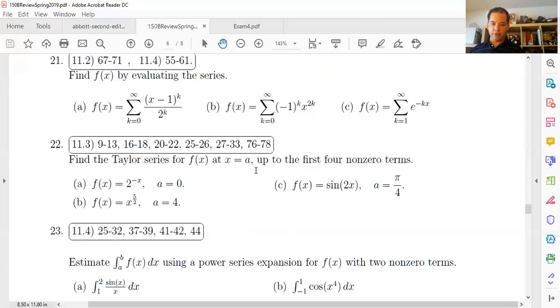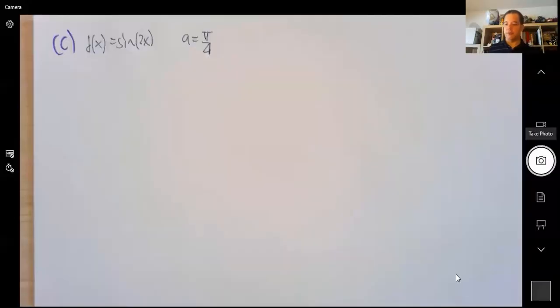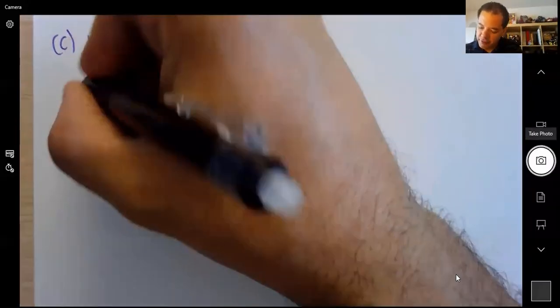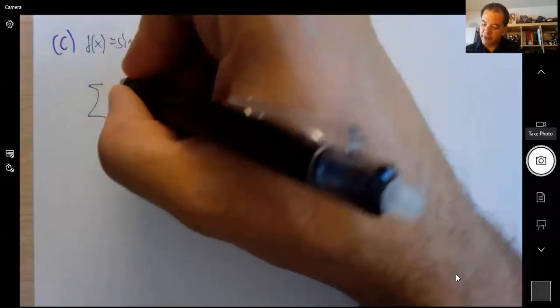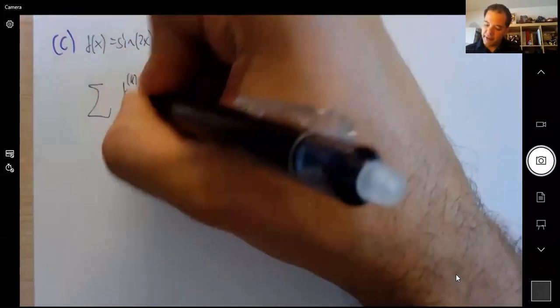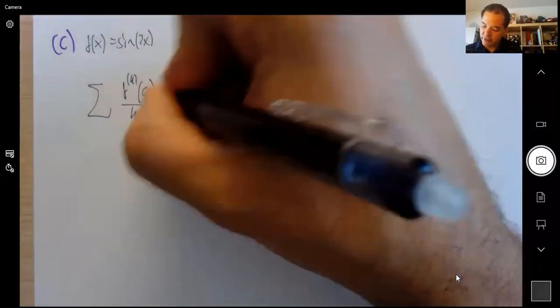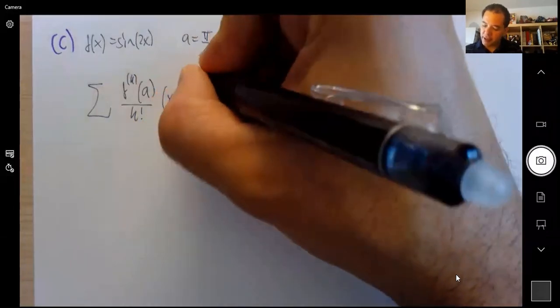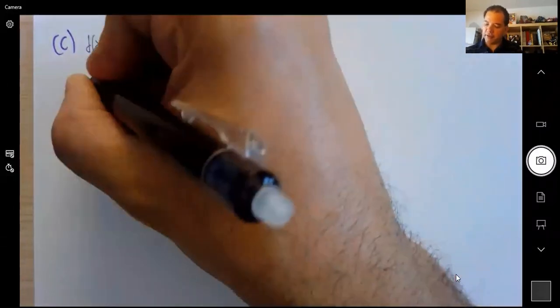So we want to do the Taylor series for the function sine 2x, centered at pi over 4. Here we go. So here is the Taylor series definition: the sum from 0 to infinity of the kth derivative at a over k factorial, times x minus a to the k, right?